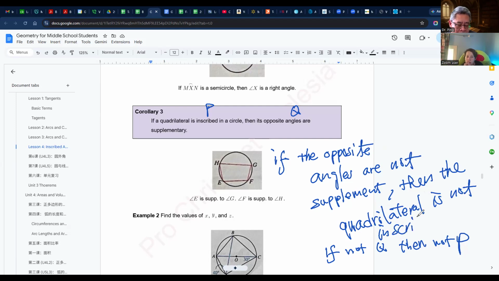So this is basically what we mean by contrapositive. Good.